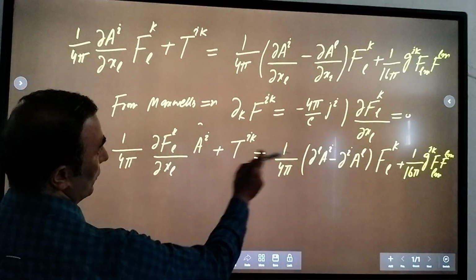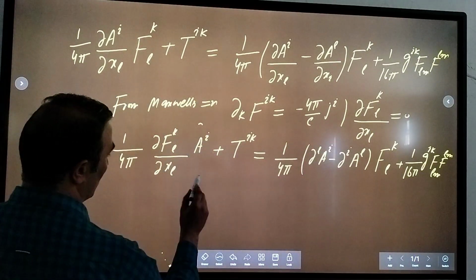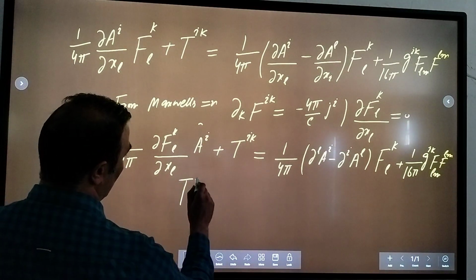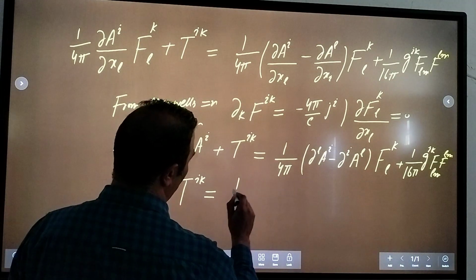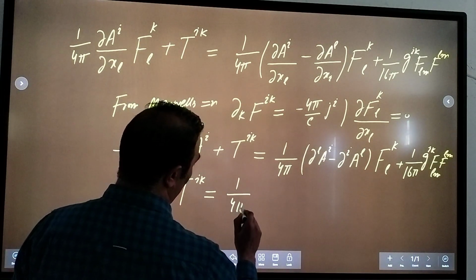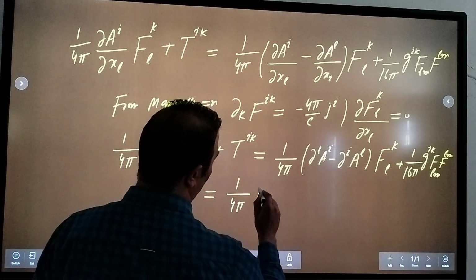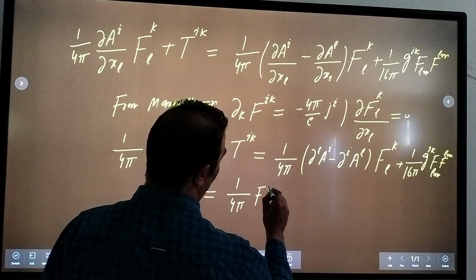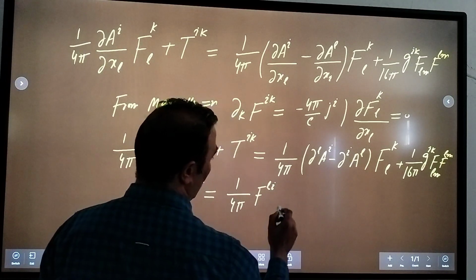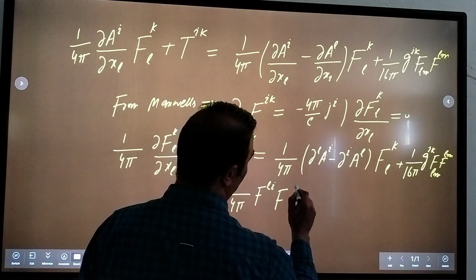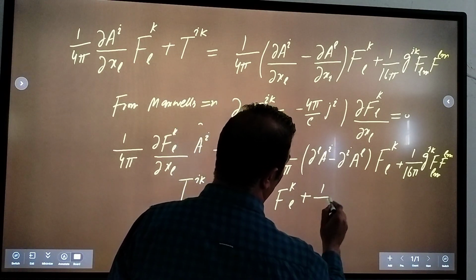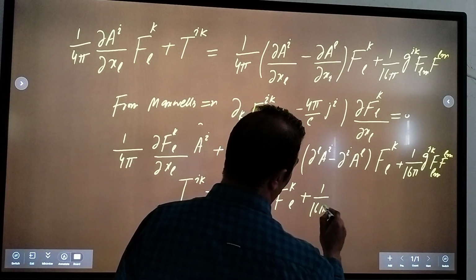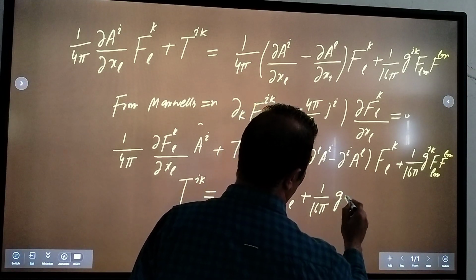So this term will be 0. So using this property, this term will be 0. We can write that T I K will be equal to 1 by 4 pi F L I, F P L, plus 1 by 16 pi G I K.